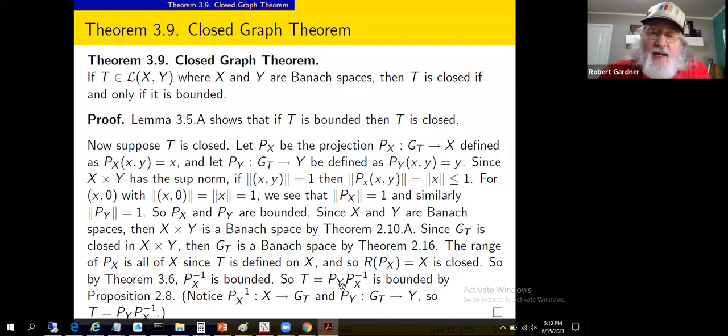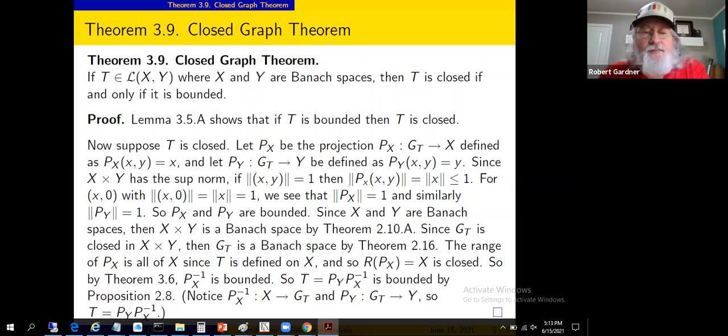So what we get in this composition is a way of expressing t, which maps x to y, as mapping x through the graph and then to y. Compositions are usually interpreted like that. So we can actually write t as this composition, P sub y composed with P sub x inverse. Remember, when transformations are written side by side like that, it means composition of the transformations.